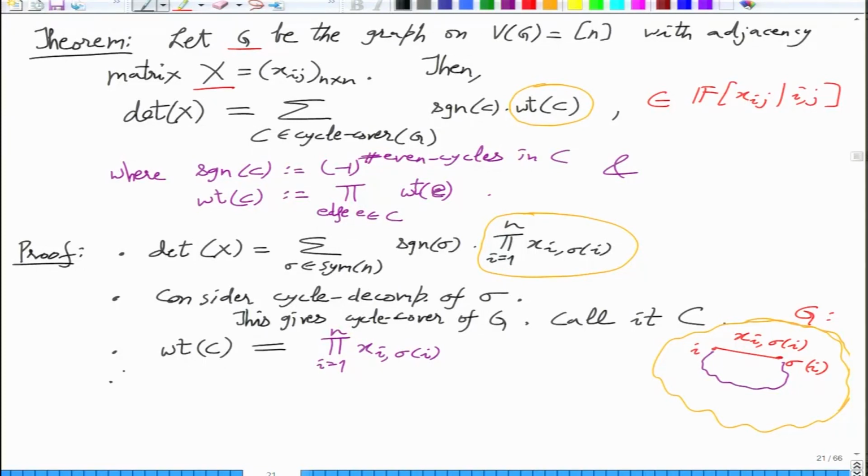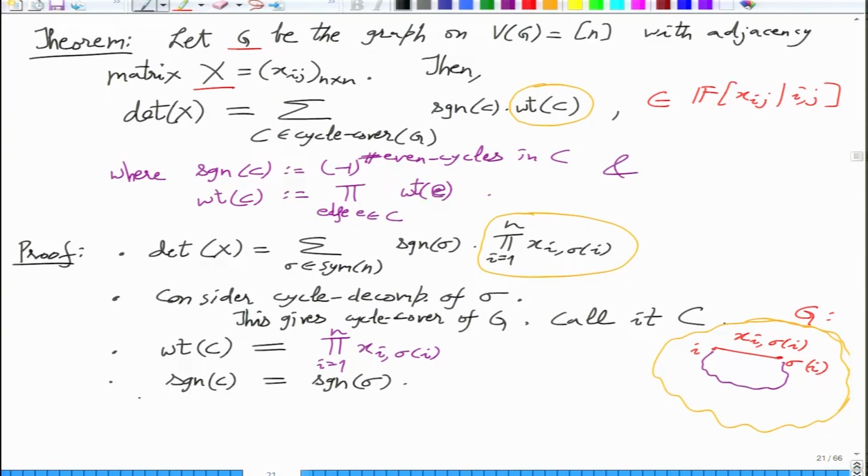And the second thing is the sign of C. If you recall the definition of the sign of sigma, you will see that it's the same. There is really only one definition for the sign of permutations. So with this, the proof is complete.